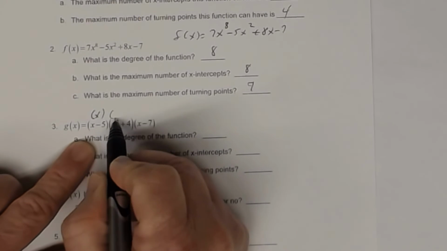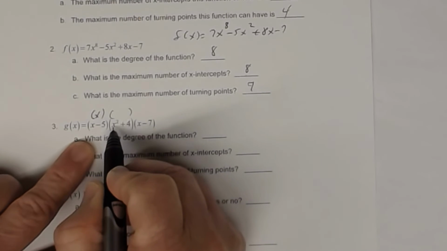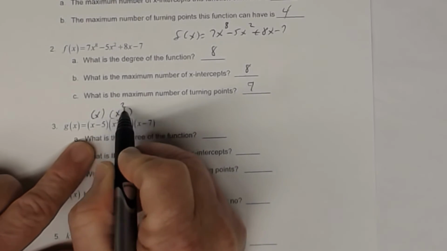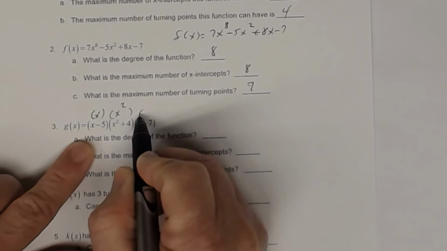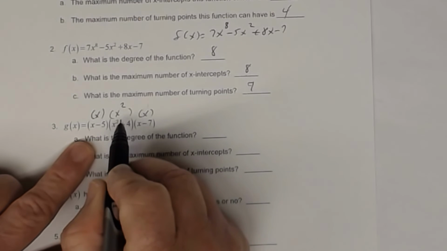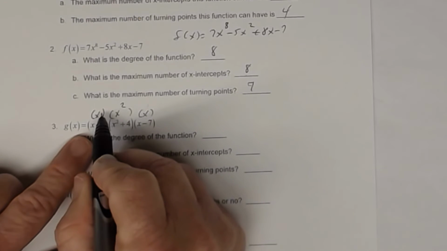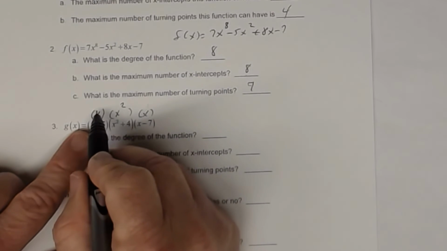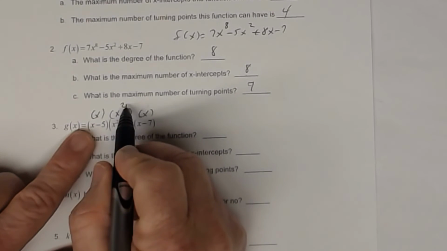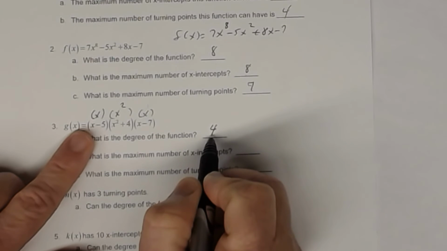If you look at this factor right here, the leading term is x squared, and the degree is 2. And this factor here, the leading term is x and the degree is 1. So in finding the degree, once you find your leading terms, you look at the exponents: 1 plus 2 plus 1 is 4.